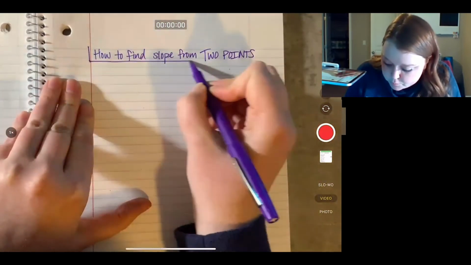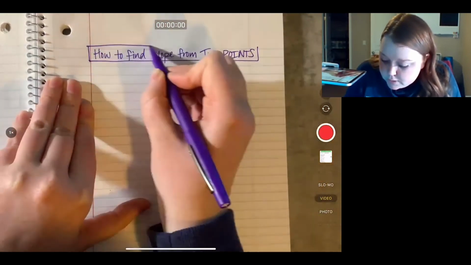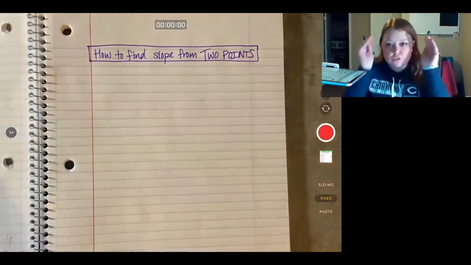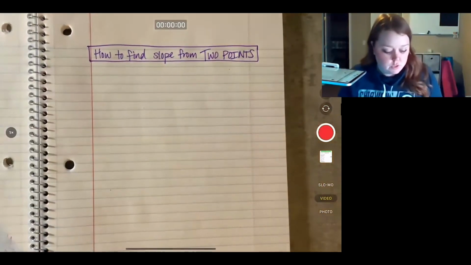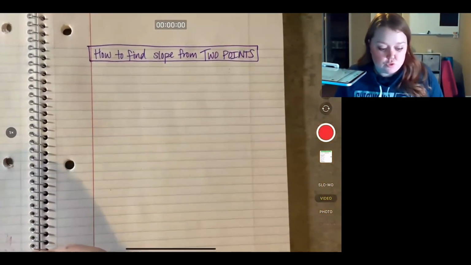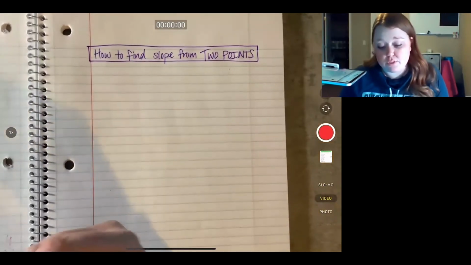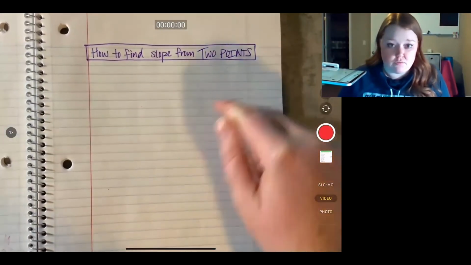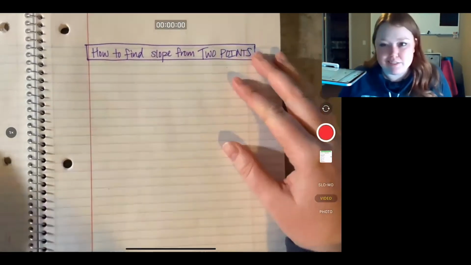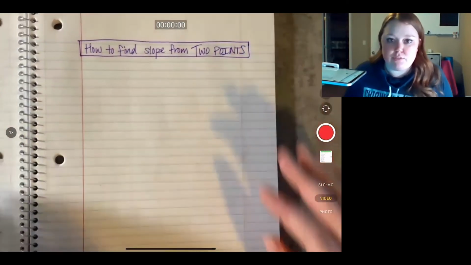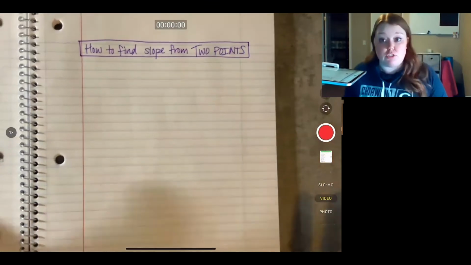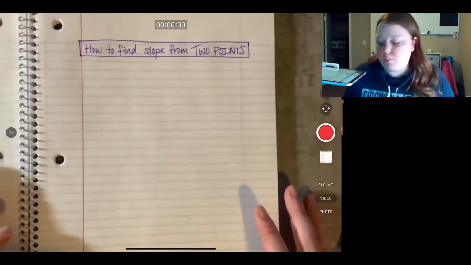So 2 points meaning 2 ordered pairs, 2 x, y values. If I give you 2 ordered pairs, you got to be able to find the slope. One way you could do it is you could plot the points and then find the rise and the run. But that might not be the best solution, especially if you have large numbers that you don't really want to plot on a big graph.